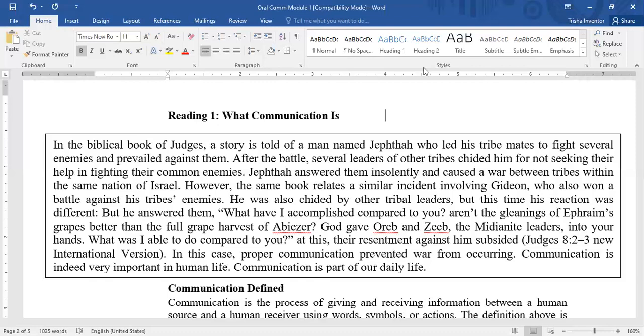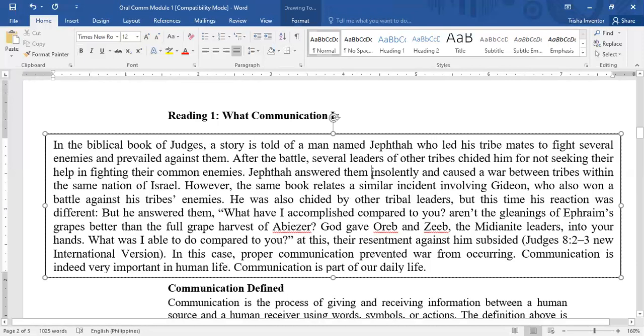So, Jephthah answered them insolently and caused a war between tribes within the same nation of Israel. When we say insolently, in a bad way. Gitubag-tubag niya ang mga tawo nga nangasaba niya, and it caused a war.